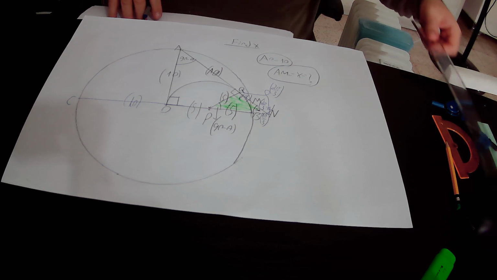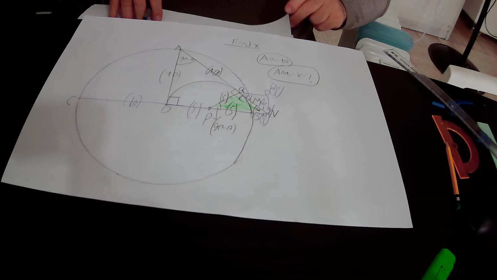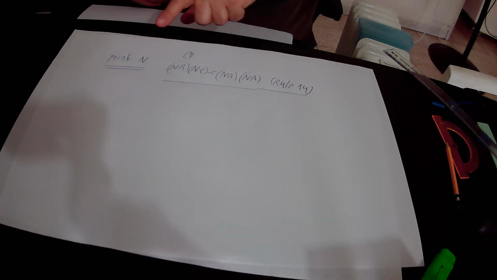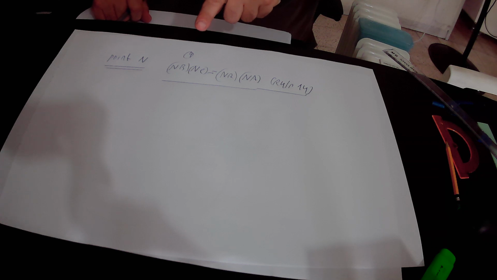Repeat again. In our drawing, if we focus on the common external point N, all the requirements of rule number 14 are met. Therefore, according to rule number 14, we get that NB times NC equals NQ times NA.